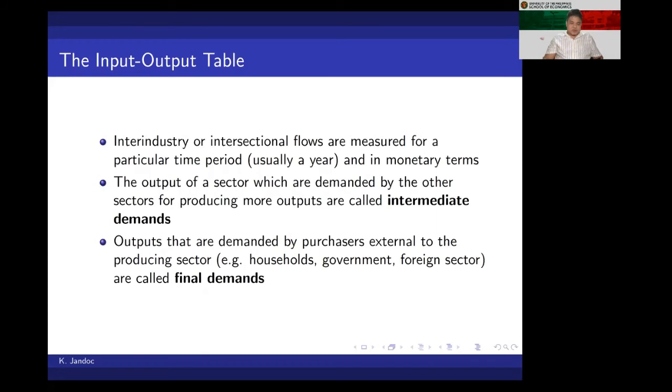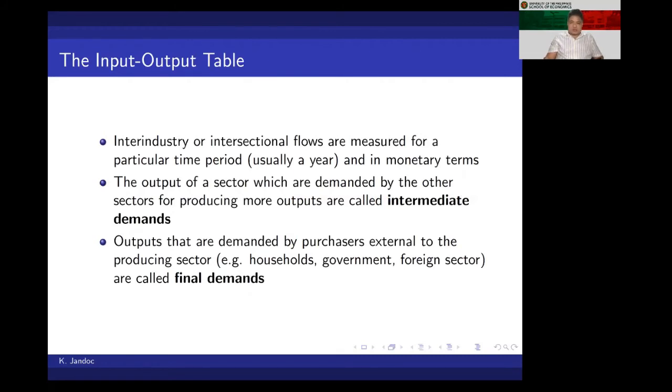Like I said before, the output of a sector can be consumed or demanded by other sectors that produce. For example, agricultural output will be used by the manufacturing sector. These are called intermediate demands.